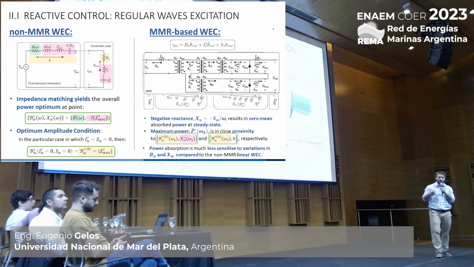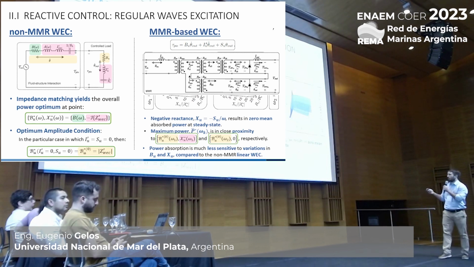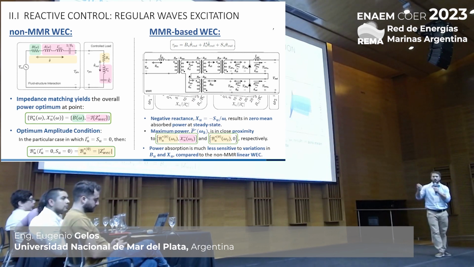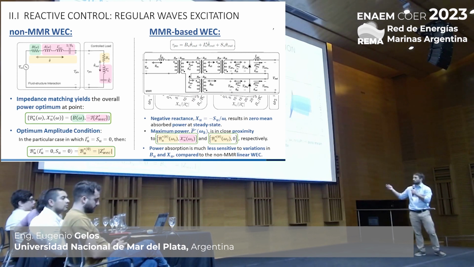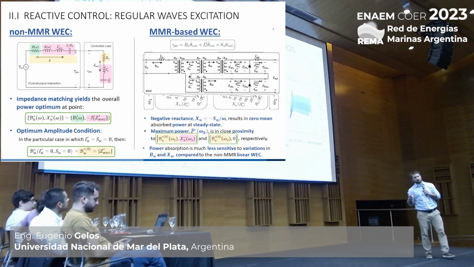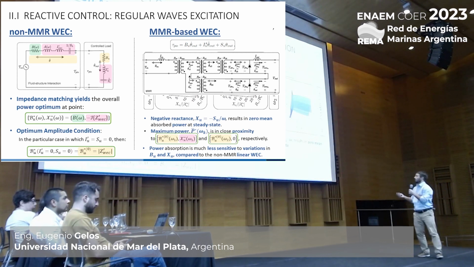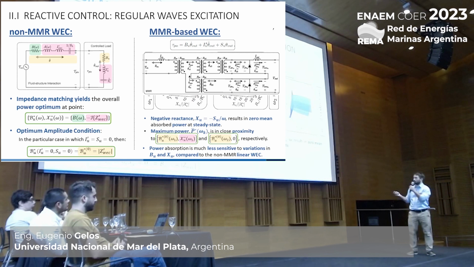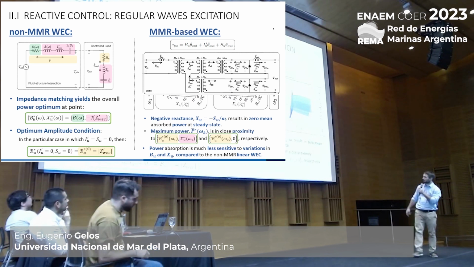One of the key results is that a negative reactance, meaning that we place a capacitor at the control load, results in zero mean absorbed power. This can be explained easily by the electrical analogy, because the capacitor always charges with the same polarity and behaves as an open circuit in steady state, resulting in zero mean absorbed power.